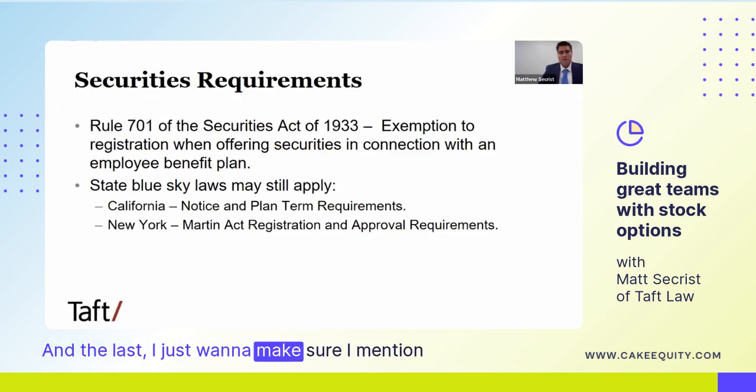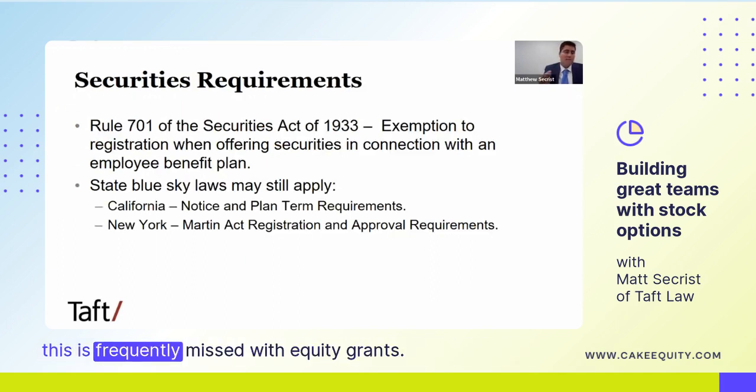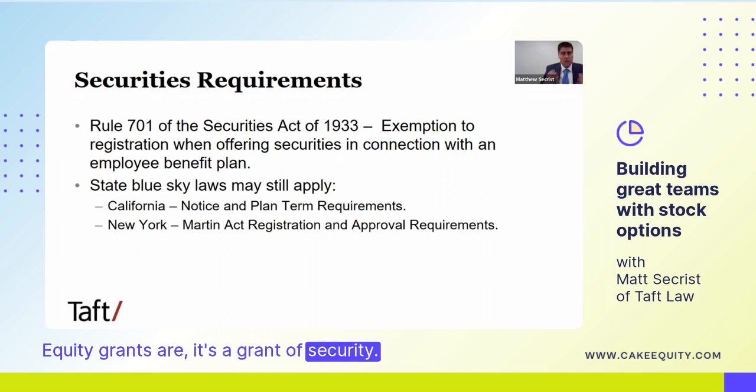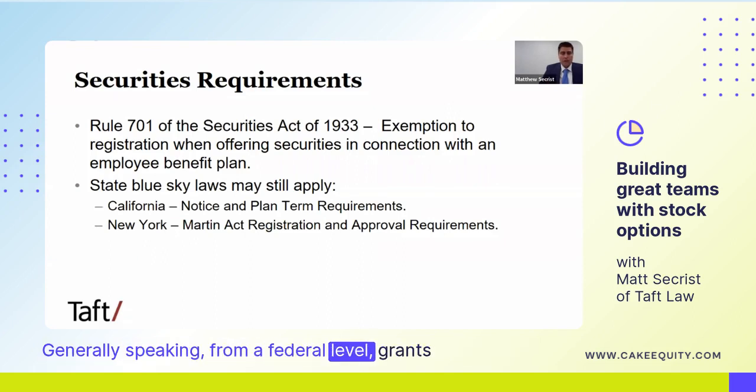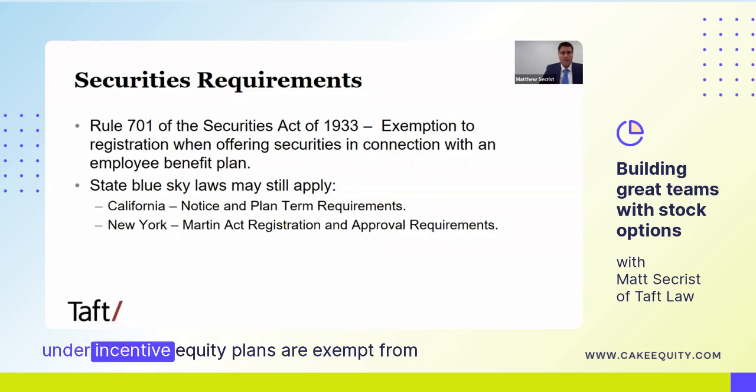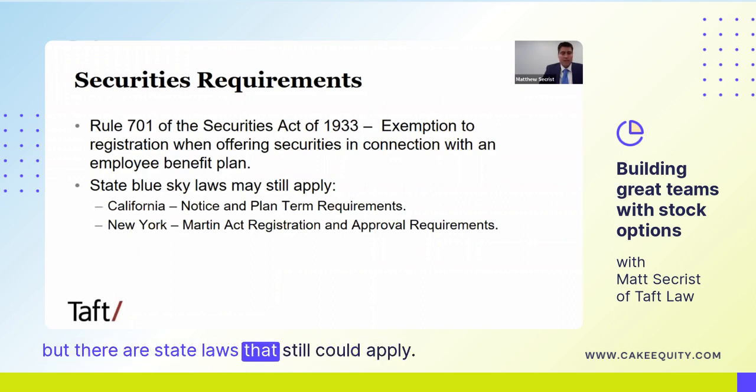And the last thing I want to make sure I mention, which is frequently missed with equity grants: an equity grant is a grant of a security. It's a right to own, an ownership interest in the company. Generally speaking, from a federal level, grants under incentive equity plans are exempt from securities registration, but there are state laws that still could apply.